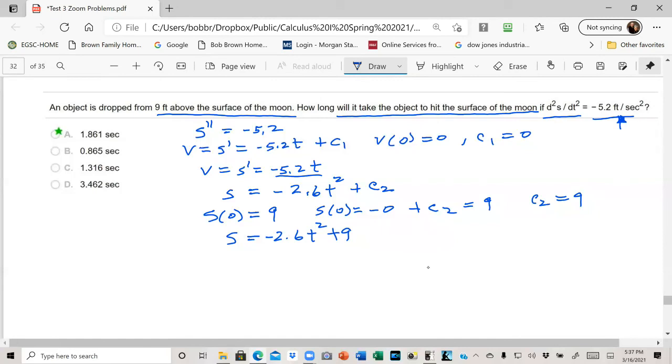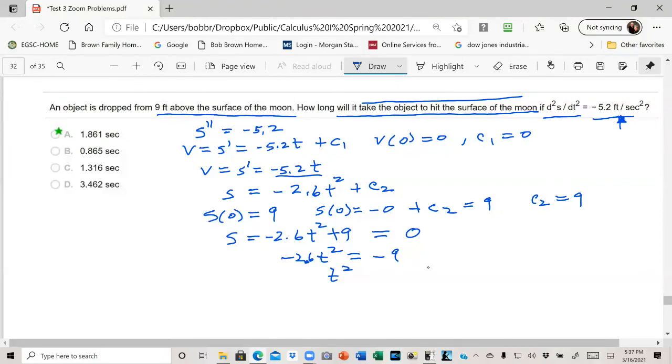And we want to know how long will it take the object to hit the surface. Well, when it hits the surface, the position will be 0. So we need to solve minus 2.6t squared equals minus 9. Excuse me, this is minus 2.6t squared.